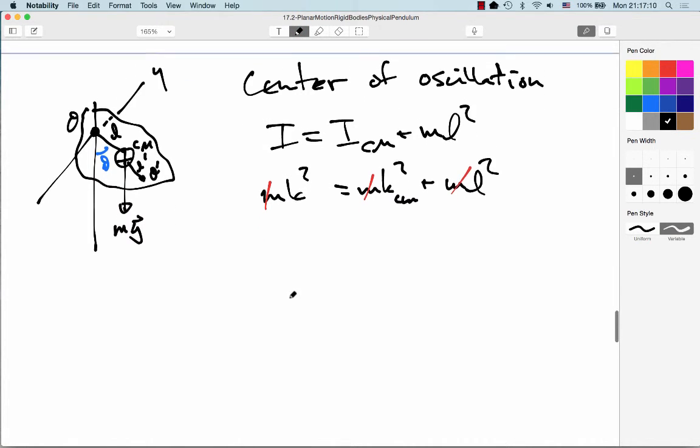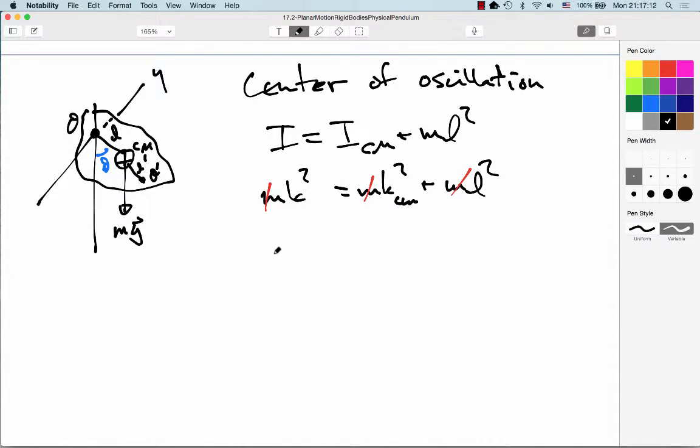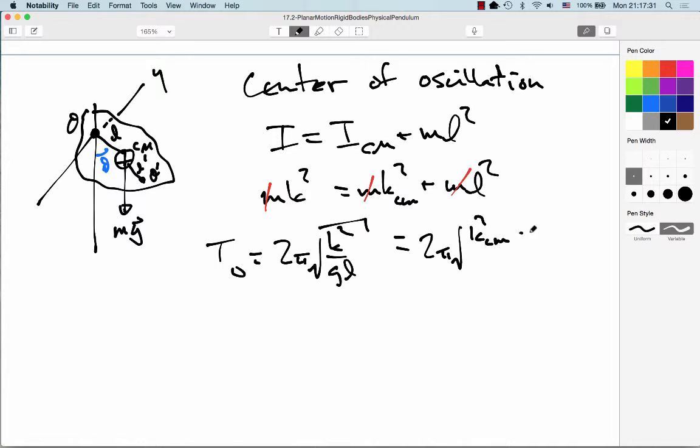Now, you remember before when we solved for this, and here we're letting the swings be small again, we had that T naught was equal to 2 pi root K squared over GL. So putting in what K squared is, that's going to be 2 pi root K_CM squared plus L squared over GL.